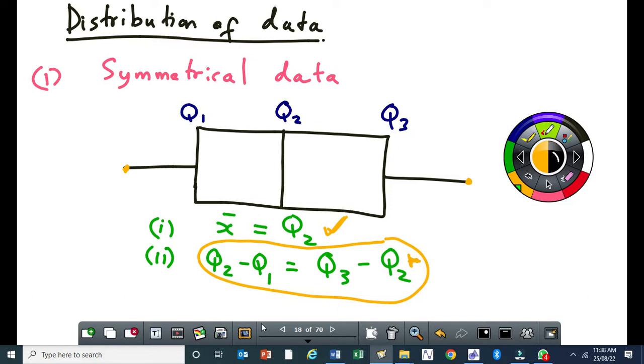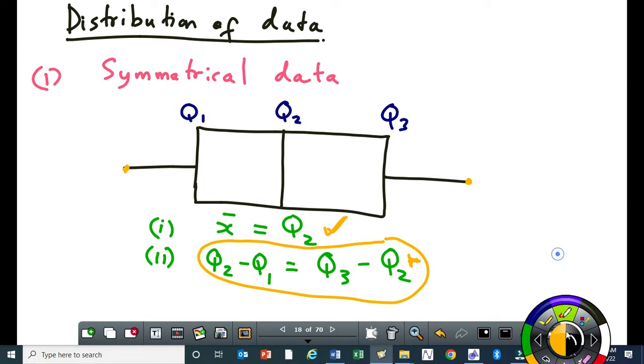Just to let you know as well, when you draw a case like this where the data is symmetrical, then in advanced statistics we say that the data follows a normal distribution, which is also rare.